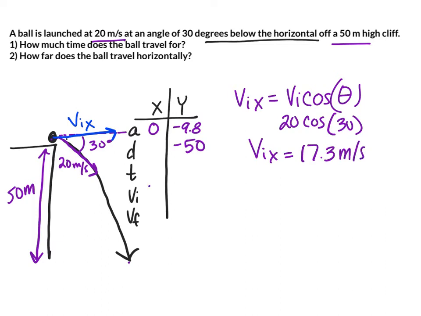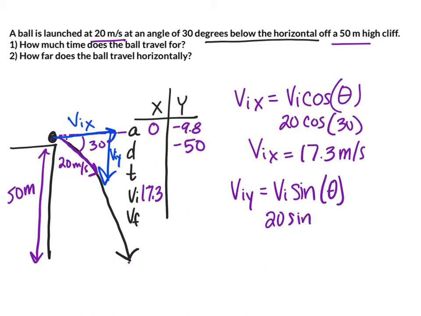So then that can go in our chart here. And then for the vertical velocity, that is this component of the triangle. So that's going to be our initial velocity times sine of your angle, because that side of the triangle is opposite. So it'd be 20 sine 30, and that will equal in the calculator 10 meters per second.